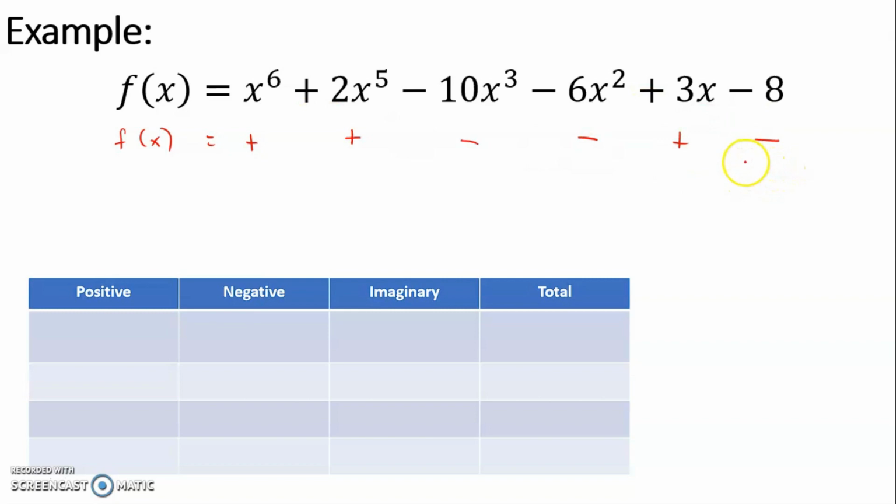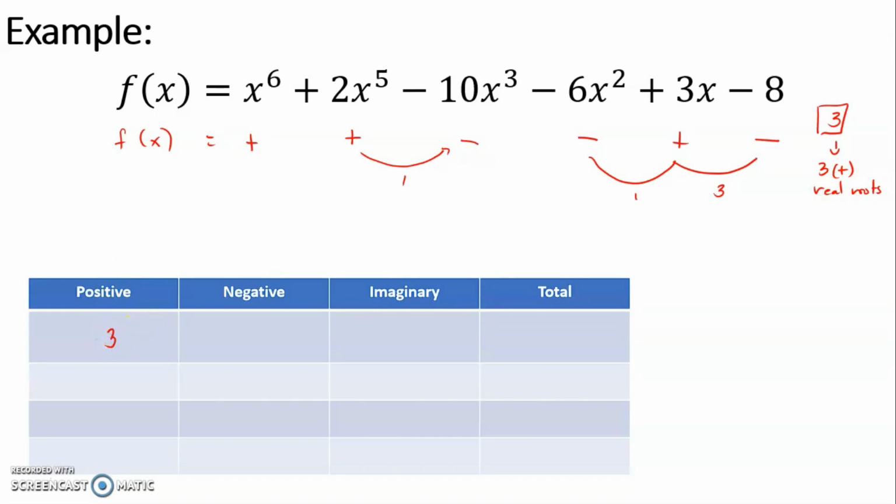Now, let us check the changes of signs, or the alternating signs, of f of x. So, we have 1. We have 2. And 3. So, there is a maximum of 3 positive real roots. So, I will write here 3.